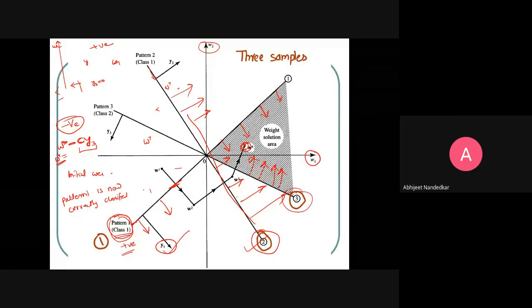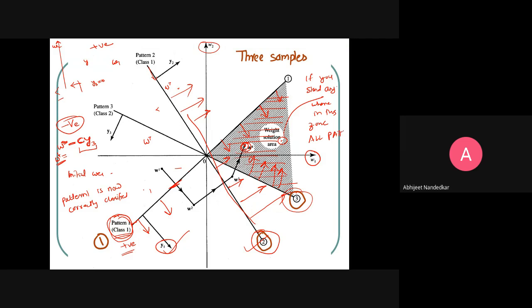If you find the intersection of all these three zones defined by the three patterns, this shaded area is the solution zone. So if you stand anywhere in this zone, all patterns are classified correctly.